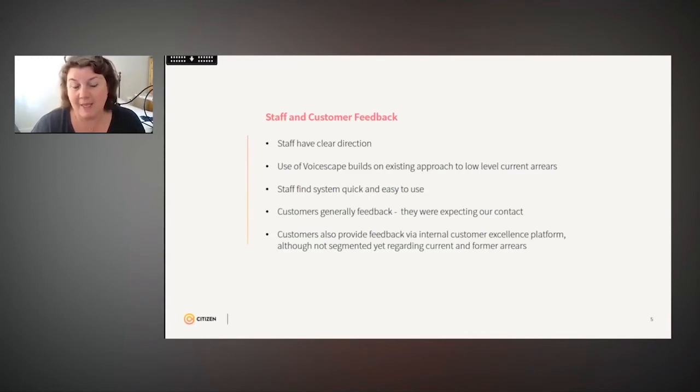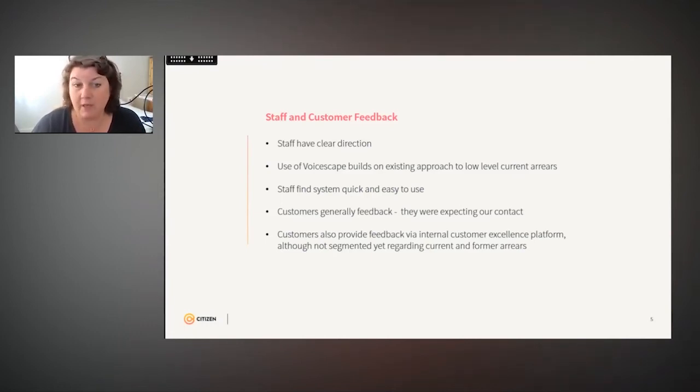Staff can clearly see the benefits of using technology, so they're not wasting time going down a list of telephone numbers to make contact with customers. What we're doing is protecting their time so that they engage with a conversation where a customer has actually picked up the call and wants to engage with us.